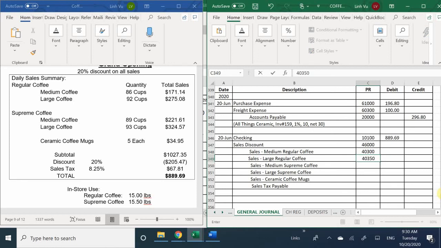The next one's 40,450 and 40,500. And then the mugs, I don't have it. It should be 4150. And then sales tax payable is 27,000.